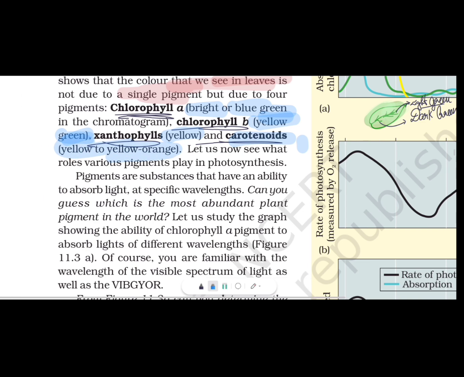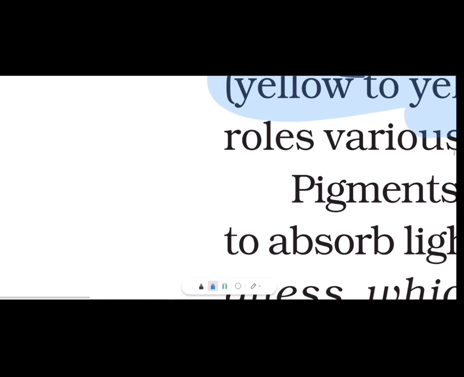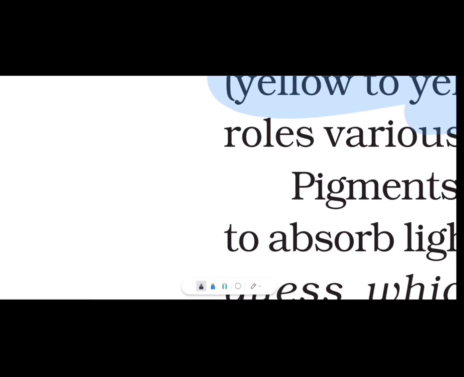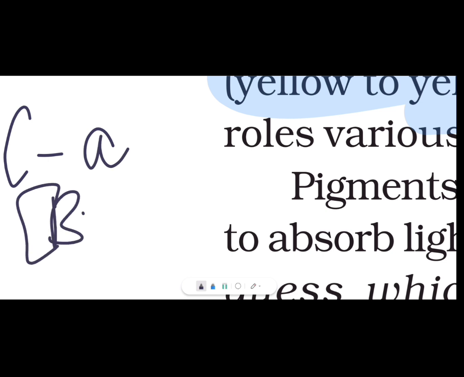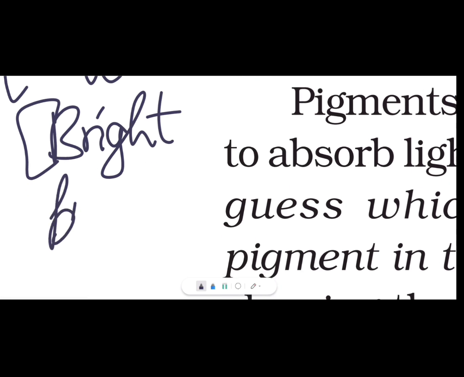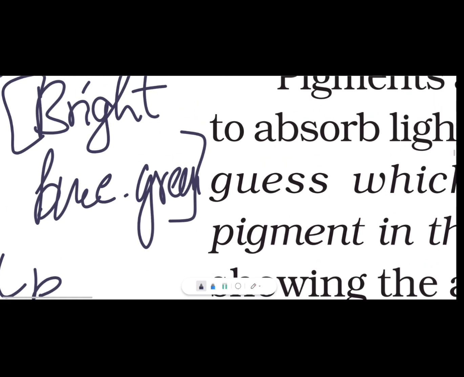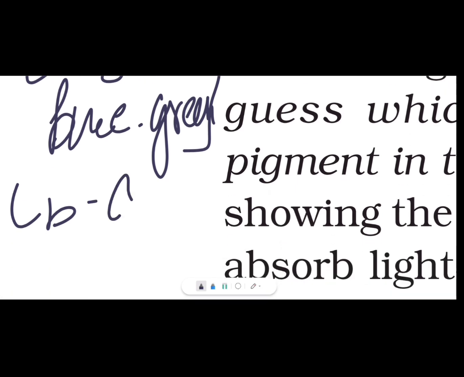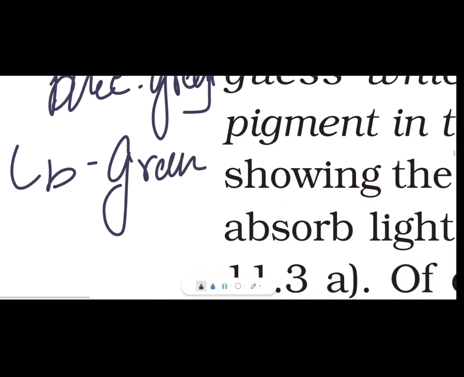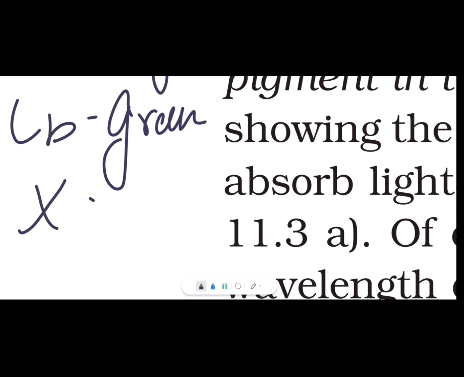So let's recap. Chlorophyll A gives what? Bright blue green. And then chlorophyll B gives yellow green. Then what do we have? Xanthophyll.